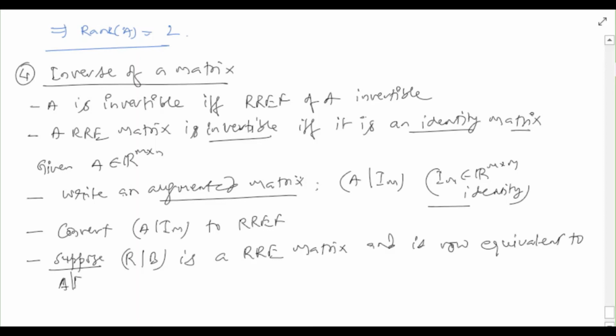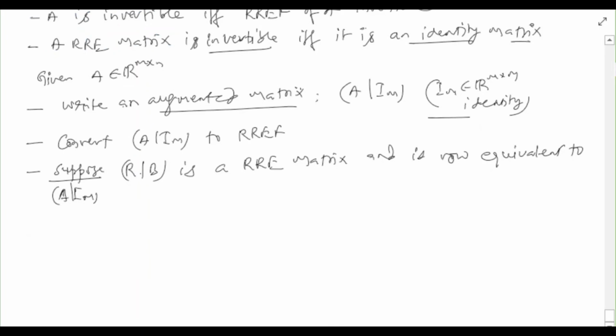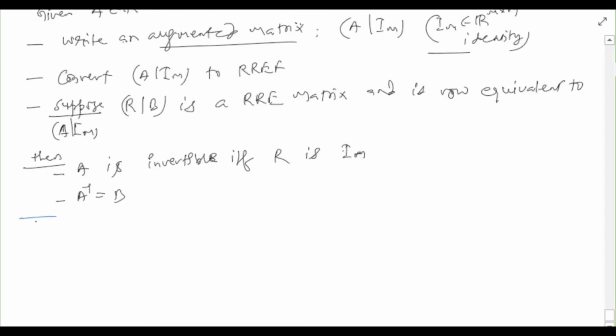That is, suppose the Gaussian elimination of A I_M terminates at R B. Then A is invertible if and only if R is the identity matrix, that is, R is I_M. Moreover, the inverse of A is B. Let us understand it via an example.